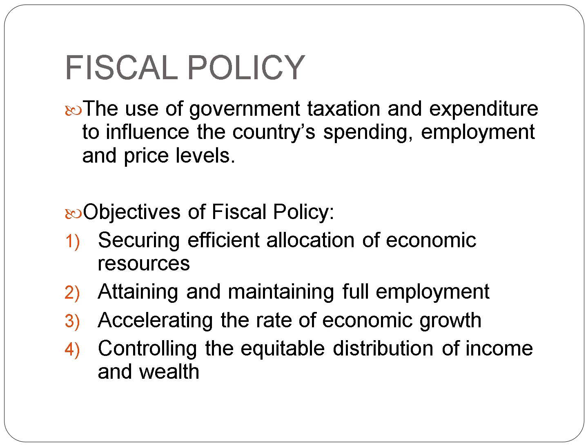What is the objective of fiscal policy? You can read it: securing efficient allocation of economic resources, attaining and maintaining full employment, accelerating the rate of economic growth, and controlling the equitable distribution of income and wealth.